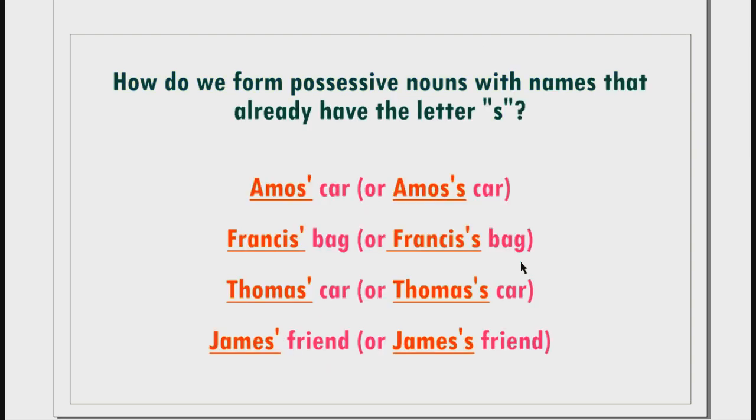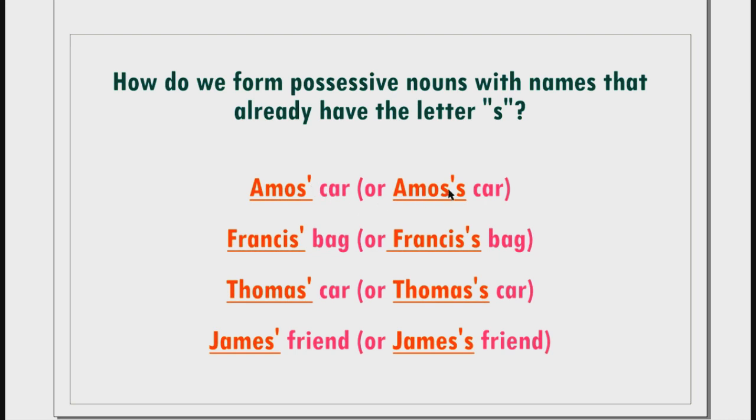How do we form possessive nouns with names that already end in letter S? Names like Amos, Francis, Thomas, Davis, they have letter S already in their spelling. So what we need to just do is add the apostrophe after the S. The S is already there. Just add the apostrophe after the S. Amos' car.